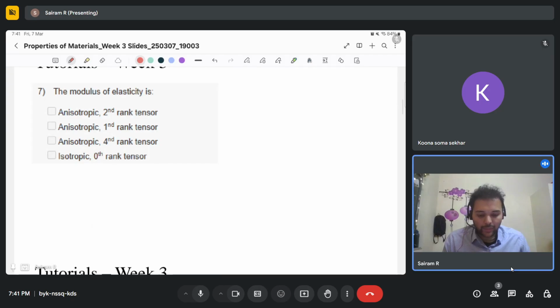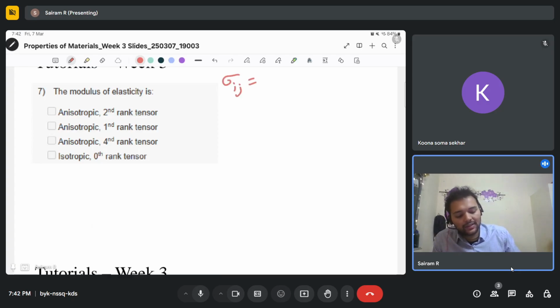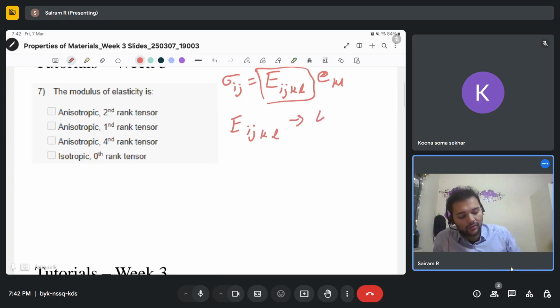Okay, moving to the next question. The modulus of elasticity, we know this very well. We have been looking at this from the very first class. If we write Hooke's law in its generalized form, sigma ij equals E ijkl into epsilon kl. So here the Young's modulus is written as E ijkl, which is a fourth rank tensor.